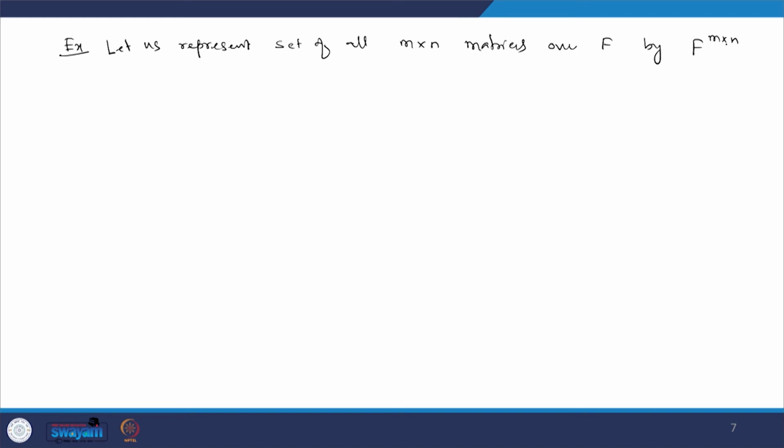Let V equal F^(m cross n). Define vector addition and scalar multiplication as below.